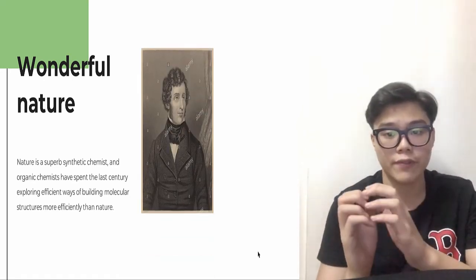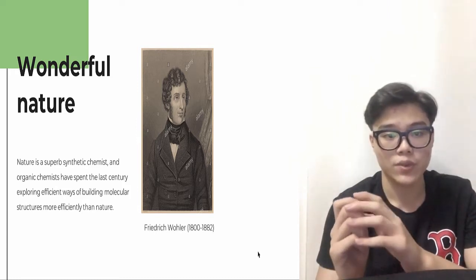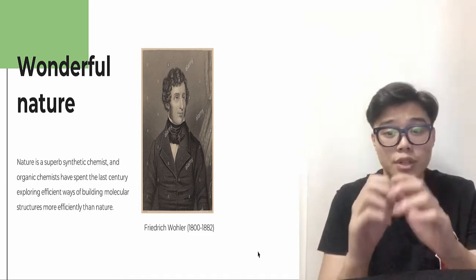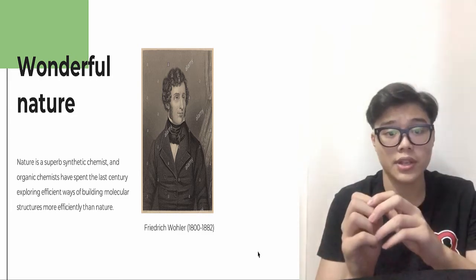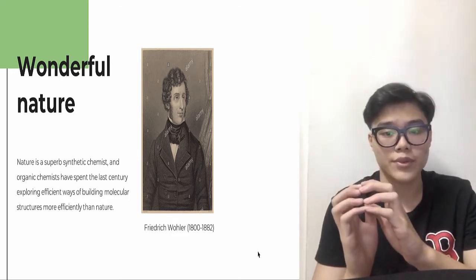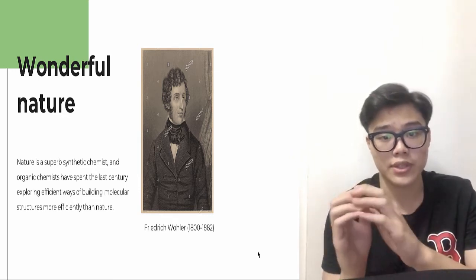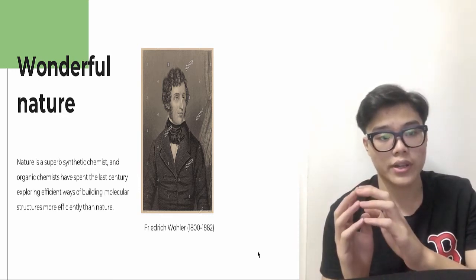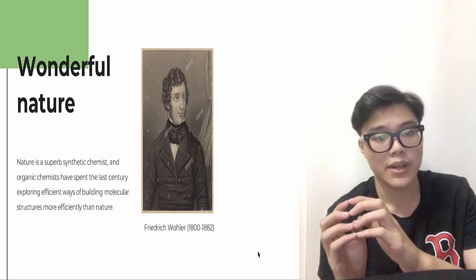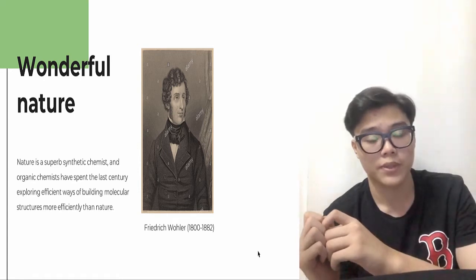As we can see in the first picture, Friedrich Wöhler was born in 1800 and passed away in 1882, and he was a German organic chemist who achieved a lot of success and contributed to modern organic chemistry, such as isolating aluminum in 1827, synthesizing urea in 1828, discovering beryllium in 1828, and obtaining acetylene from calcium.